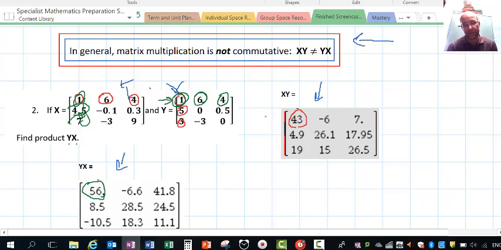And if you extended that idea, you'd see the combinations of products and sums are all different, and therefore you get different elements in the whole. Results are not the same. So matrix multiplication in general is not commutative. X times y does not equal y times x.